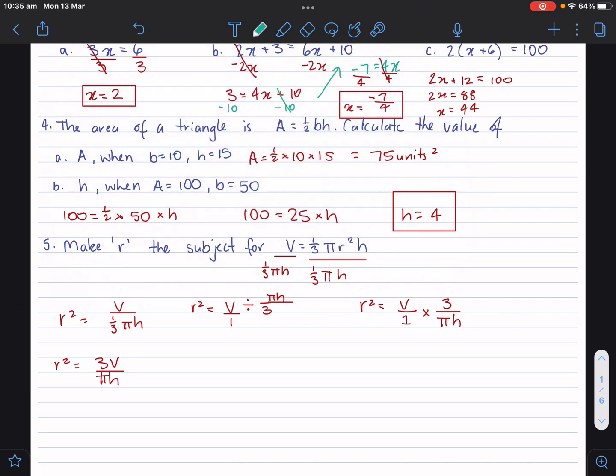The inverse of squared is square root both sides. And I have R equals plus or minus the square root of 3V over pi H. And that's my final answer.